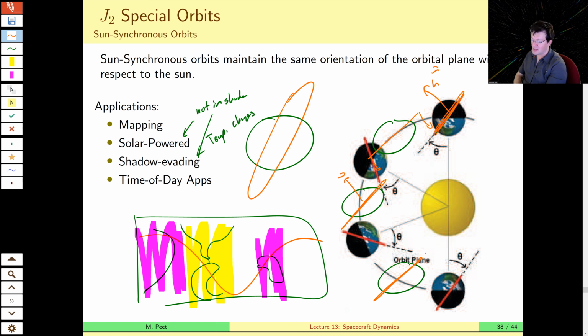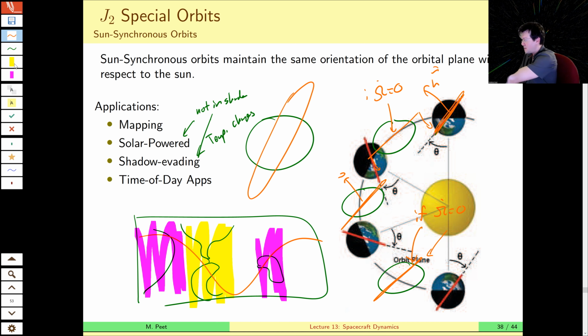But with respect to the sun, now your orbit's sort of lined up with that Earth-Sun vector, if omega dot equals 0. So eventually you'll move into a different situation. This is the sunny side. This is the dark side.